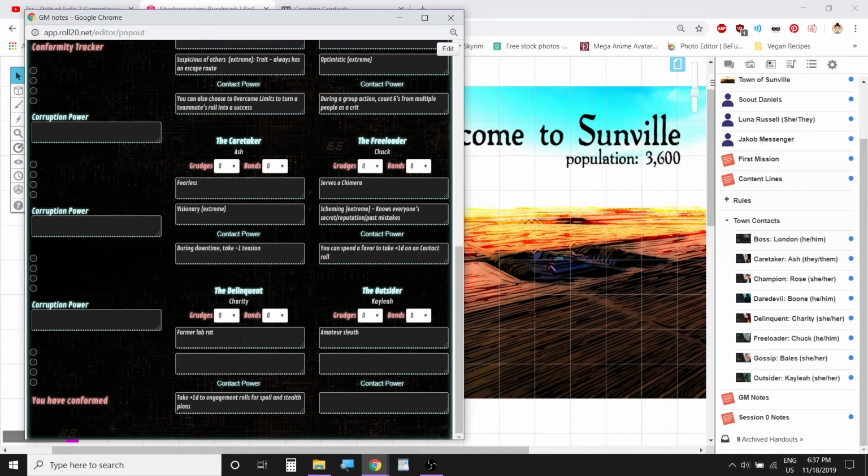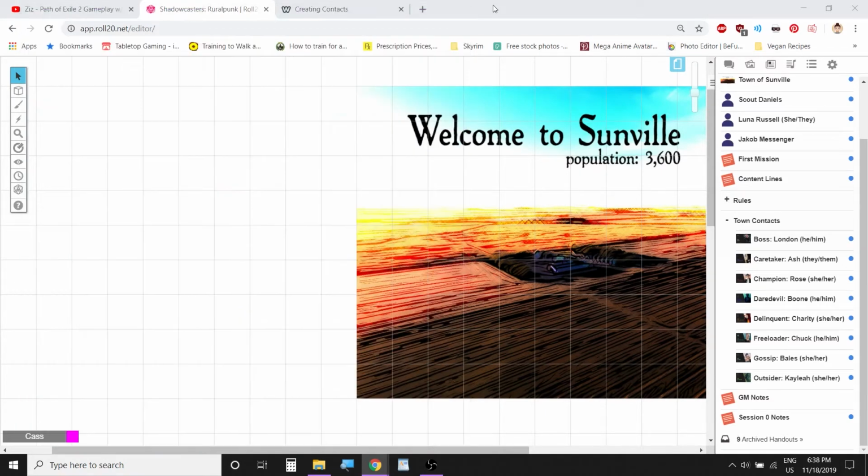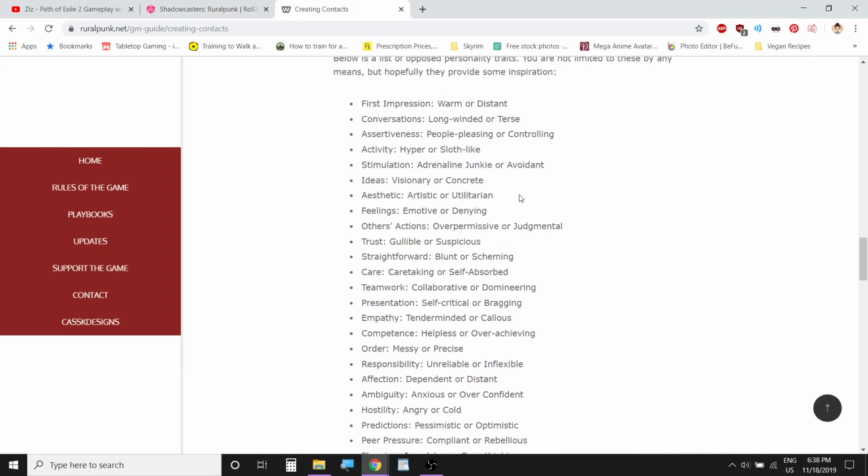And our delinquent Charity, who Luna used to be in a relationship with. So she's a former lab rat. She's really good at spoiling and stealth, so chaos and stealth. And I mean, it makes sense for her to be an adrenaline junkie.